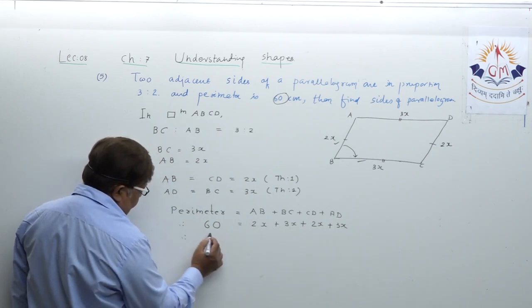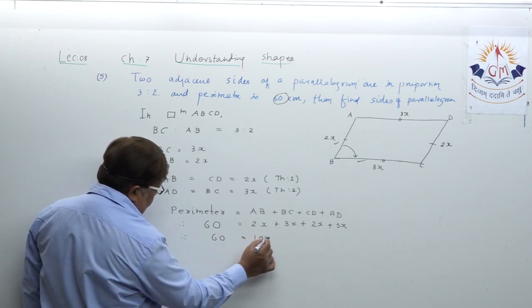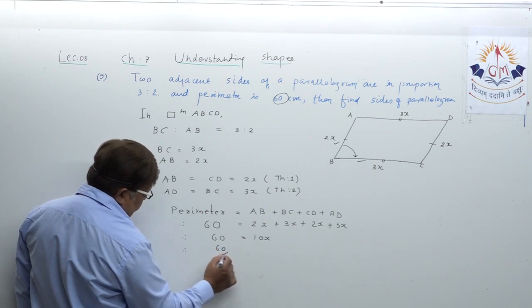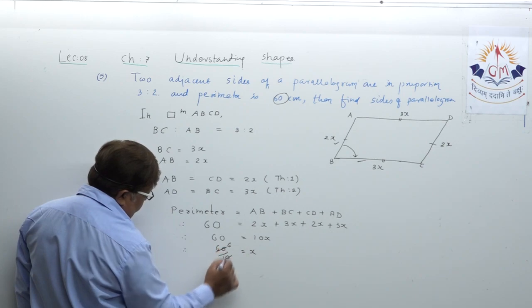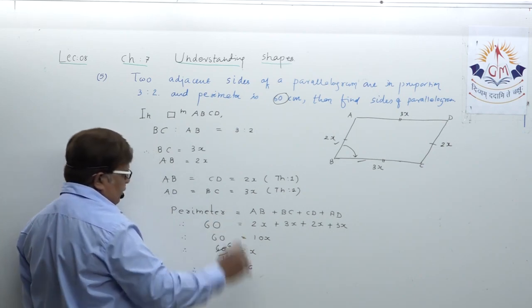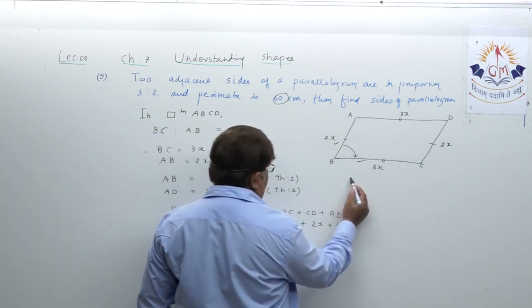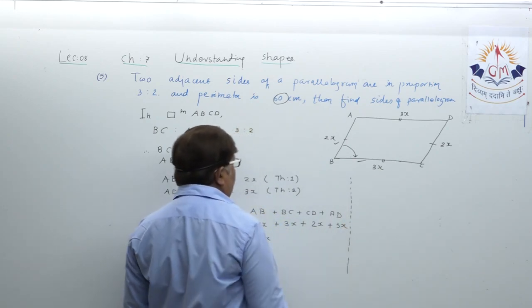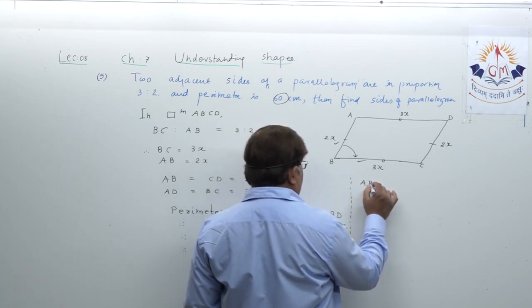Therefore, 60 equal to 10x, 10 to be transferred here and you cancel it. What you got? x equal to 6. Now just it's a question of simple substitution.